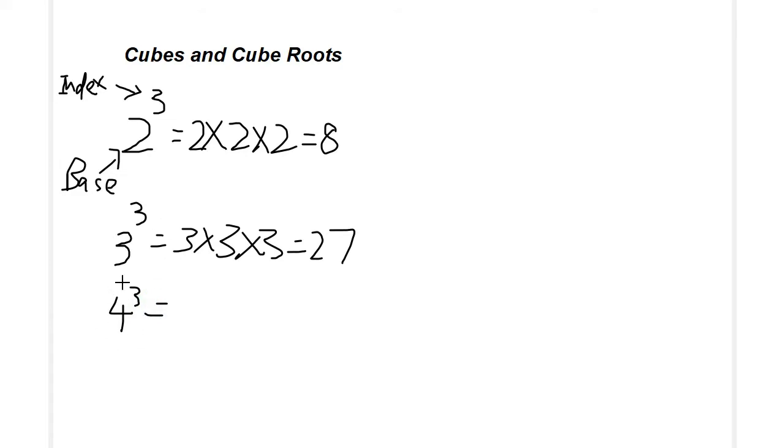So this one, 4 times 4 times 4 equals 4 times 4, 16, 16 times 4 is 64. Okay, so basically this is what cubes are.